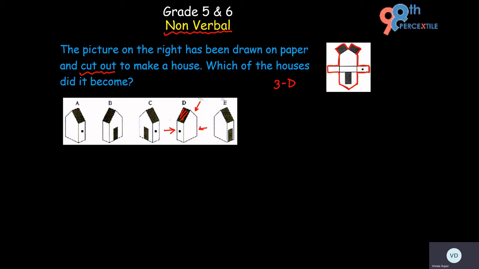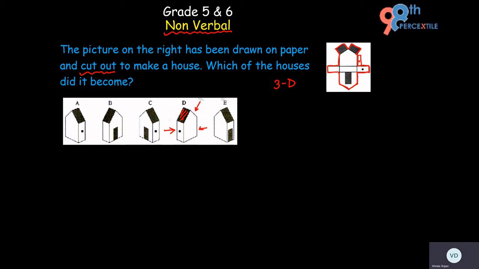Now if we look at this figure, if I fold all of these edges, then if I keep this particular side in front of me on which there is no door, then this particular side which has a black dot will go on the right side here.